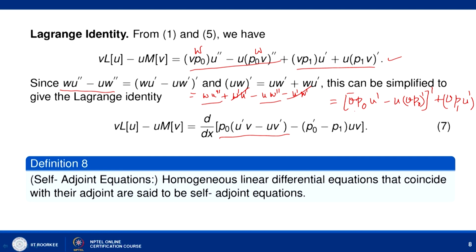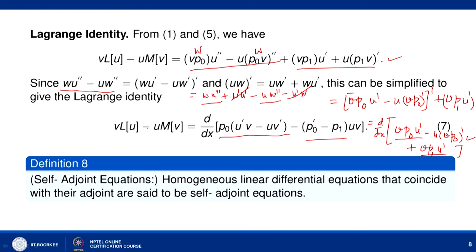You simply write d by dx of v P0 u dash minus u v P0 dash plus v P1 u dash, and then P0 dash minus P1 times uv. When you simplify this, you will get this.